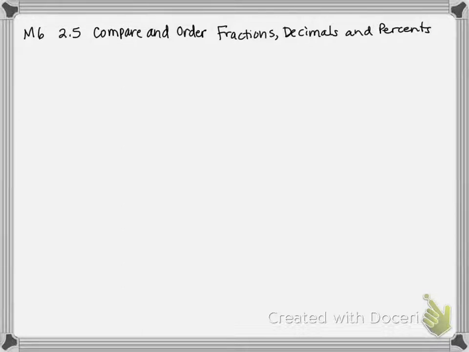Okay, so got some vocab words, things we've talked about back in chapter, I think it was 4. First is least common denominator. Least common denominator. So the smallest denominator two or more values share.